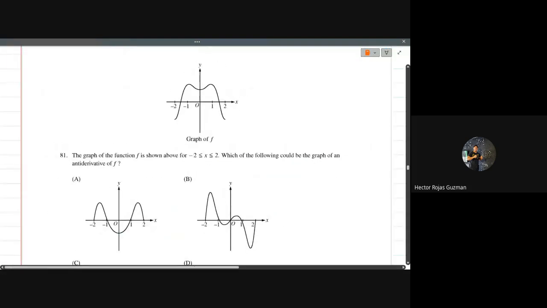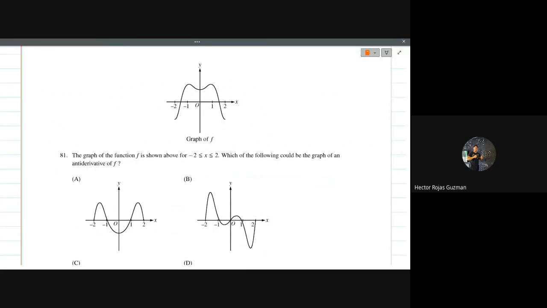Which of the following could be the graph of the antiderivative? Since we're looking for the antiderivative, technically this graph is a derivative. And the derivative here is negative, right? From -2 to, it looks like -1.5.